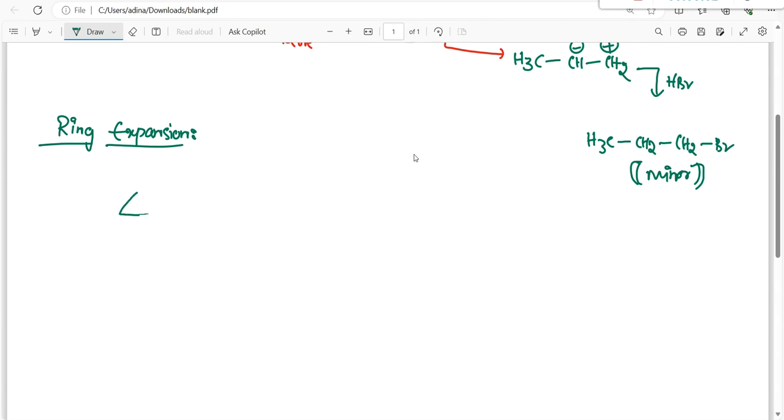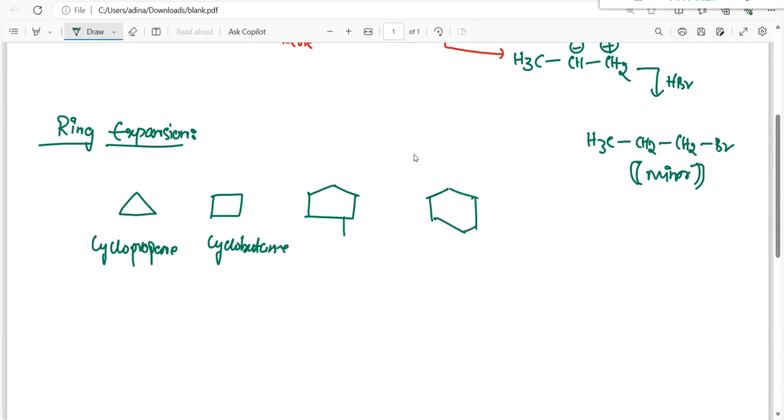For example, here is a triangle, which is cyclopropane, then cyclobutane, then cyclopentane, and this will be considered cyclohexane.